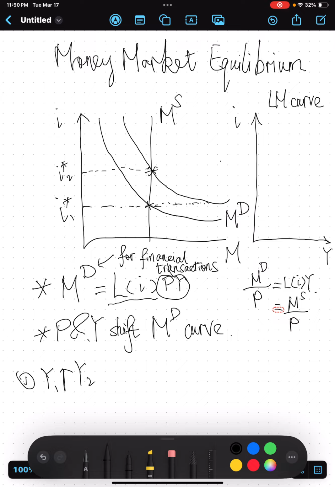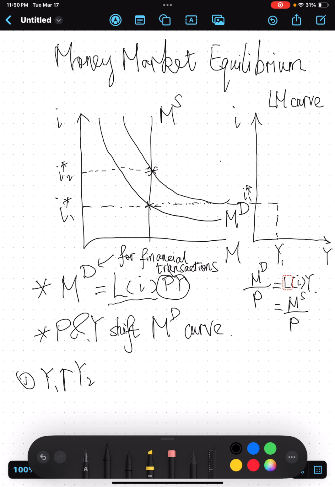Originally, when we have Y1 as the real income in the economy, we have i1, the equilibrium interest rate.